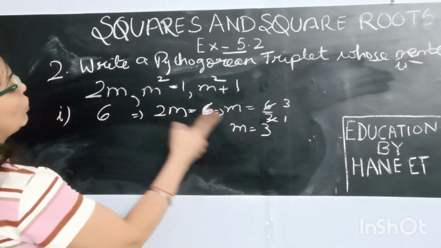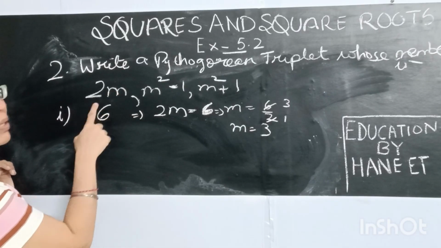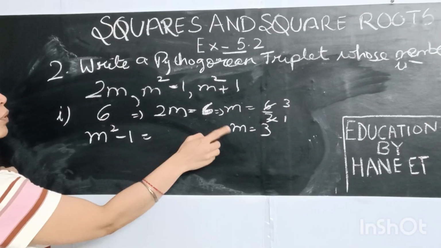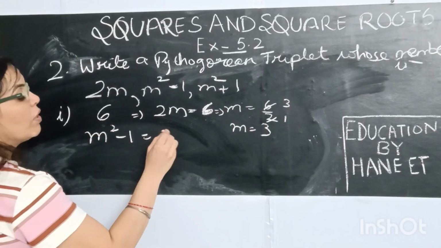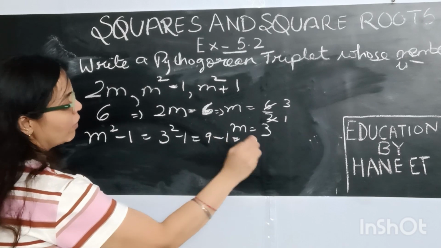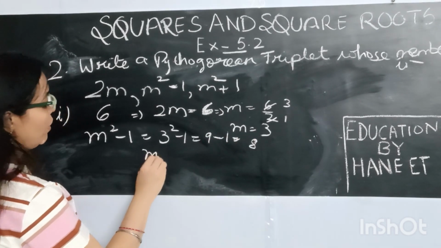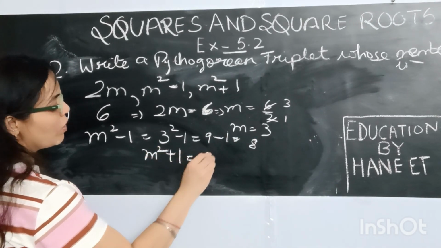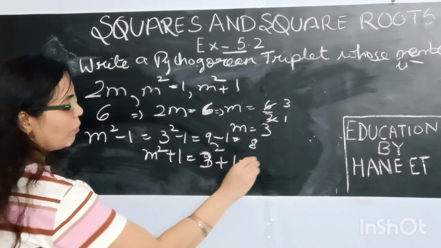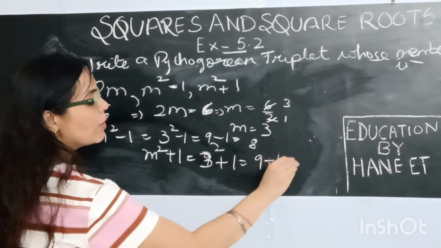Now if we do 2m, we will get 6. One member is given, okay. Now the other two members. So m square minus 1. Now put 3 in the place of m. So 3 square minus 1, which will be 9 minus 1, 8. And then the third is m square plus 1. So 3 square plus 1 means 9 plus 1 is 10.